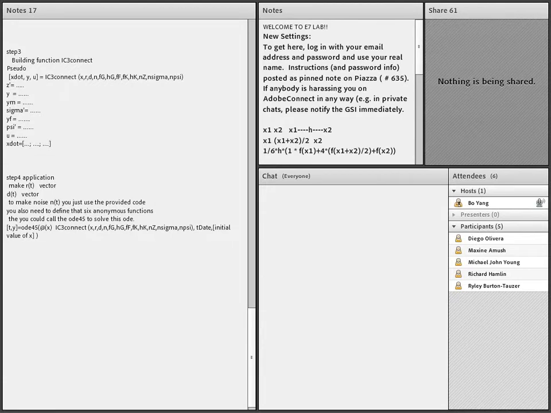And in the ODE45 call, in the parentheses, after the function, you need to provide the time data. That is followed by the initial value of x. To get the initial value, you probably need to define all the constants very well.